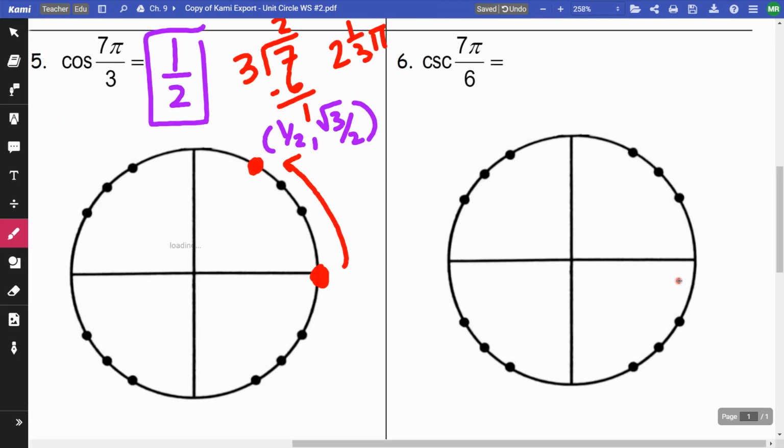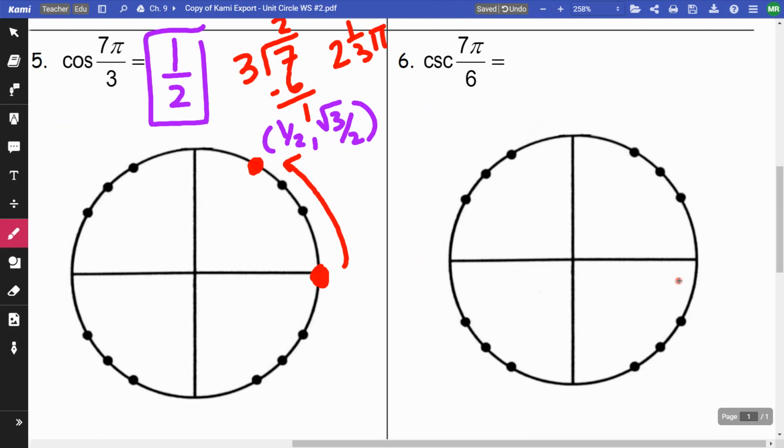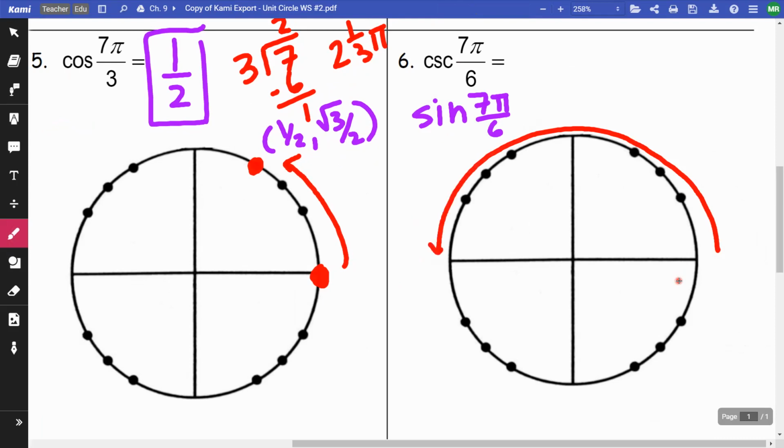On number 6, cosecant, again, C doesn't go with C. So I really need to find sine of 7 pi 6 first, and then the cosecant is going to be the reciprocal of that. So if I'm thinking about 7 pi 6, going all the way to here is 6 pi 6. So I need to go 1/6 beyond, which is going to put me right here.